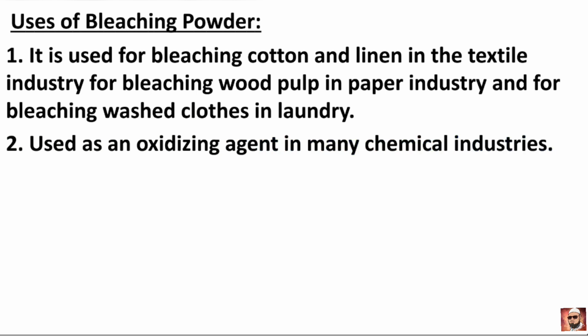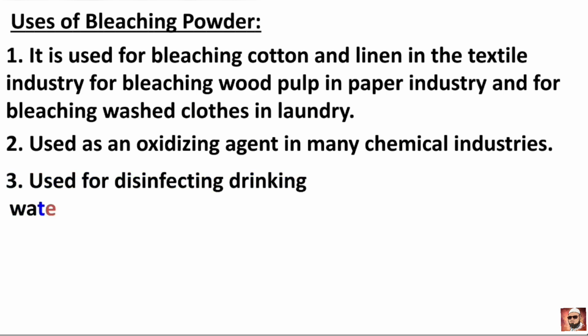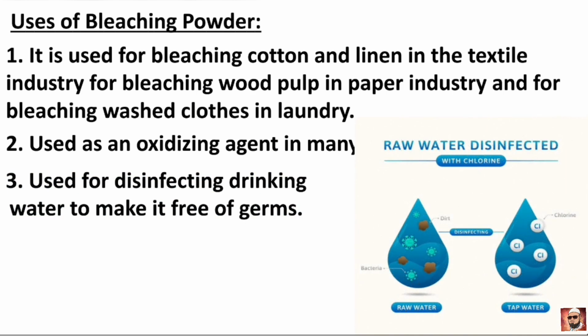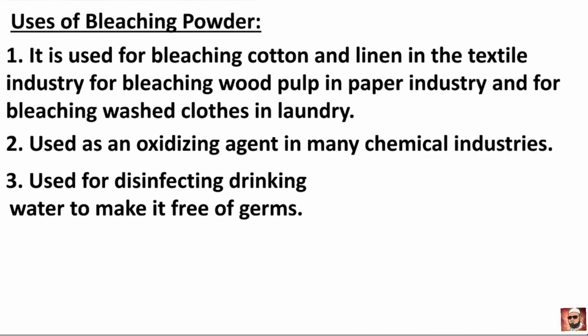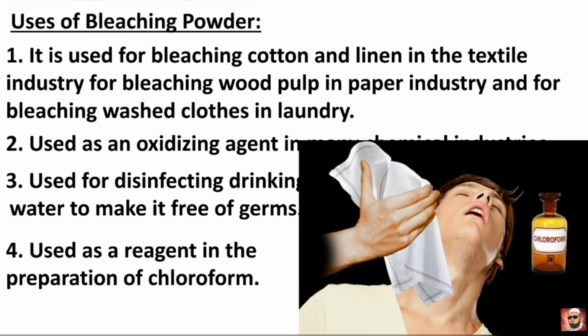Bleaching powder is used as an oxidizing agent in many chemical industries. It is used as a disinfectant in drinking water to kill the germs. It is also used as a reagent in the preparation of chloroform.